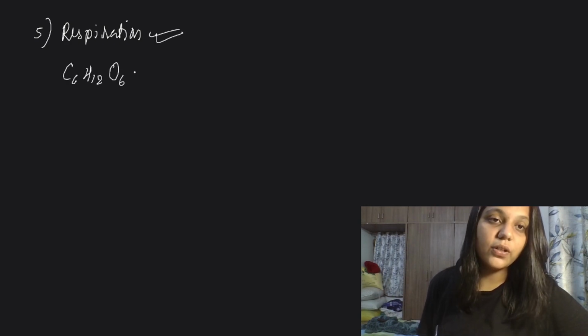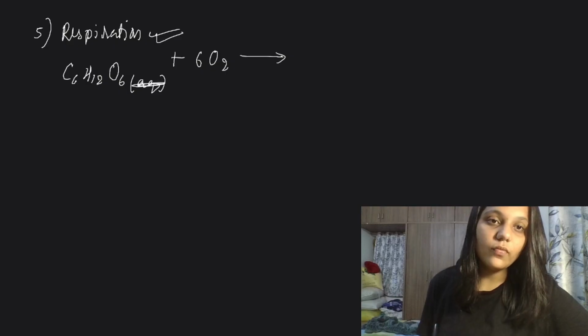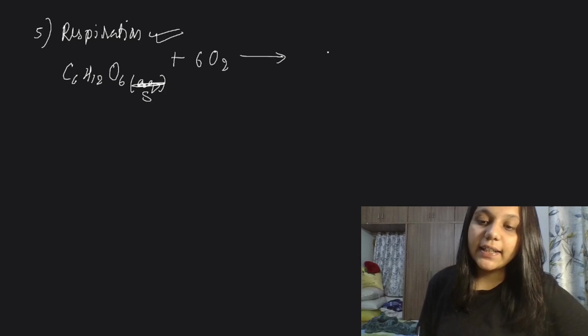C6H12O6, which is the formula of glucose, is in aqueous form, and that reacts with 6 moles of O2. Glucose is a solid. And that gives us 6 moles of CO2 plus H2O, and there is a release of some energy. So respiration of plants we can write.